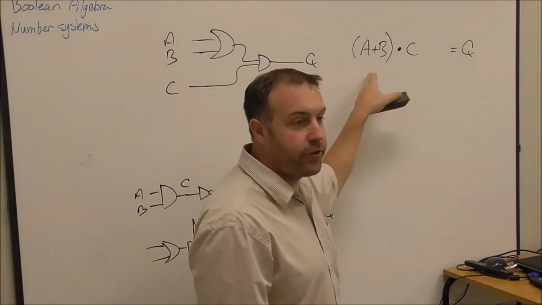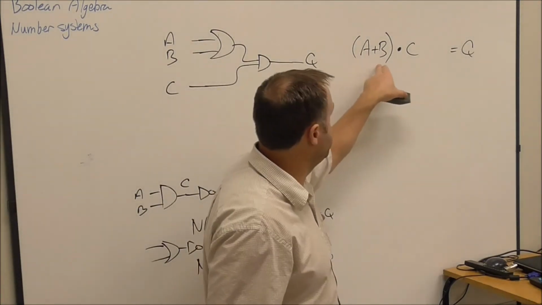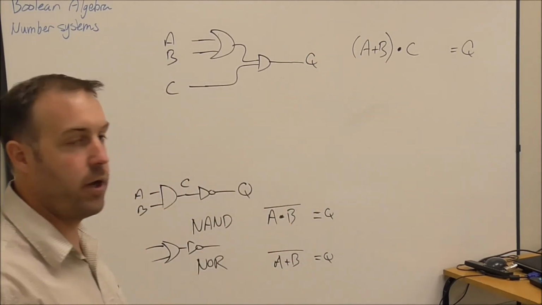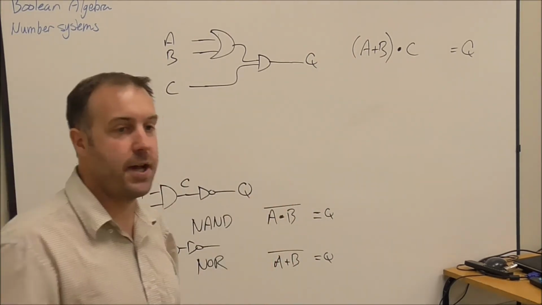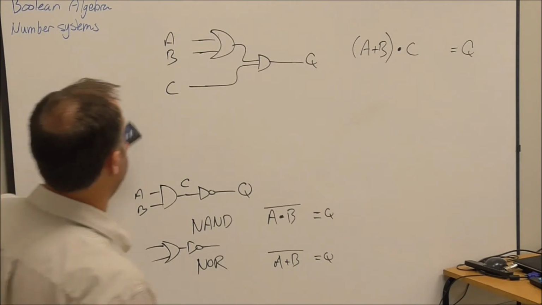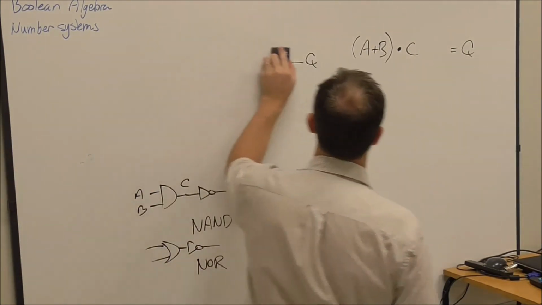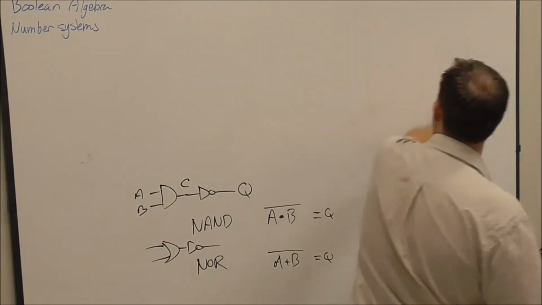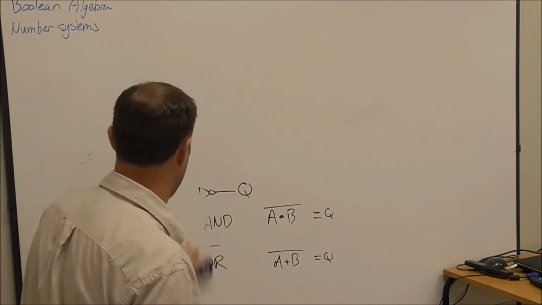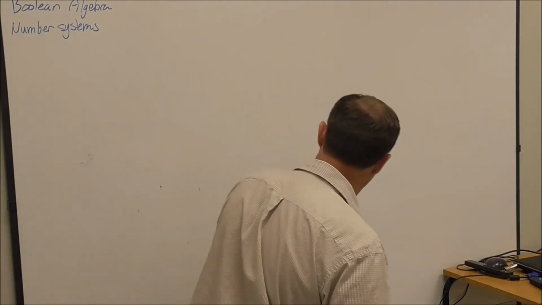Quite often you're asked to draw a circuit given a logic statement or a Boolean statement like this. So we're going to do the same thing but in reverse. I'm going to write a statement and we're going to draw a logic circuit from it.